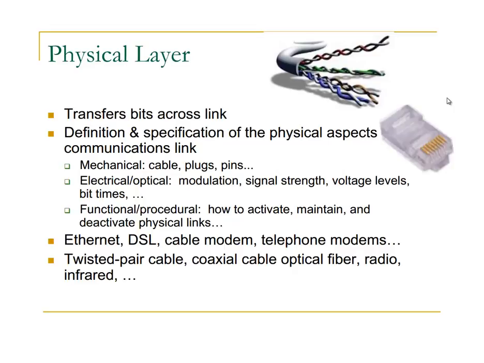So what is the physical layer? It is the actual physical medium, all this mechanical stuff, cable, plugs, pins, all that stuff. And of course, there is a modulation scheme which ensures that you can transmit signals across this. And there's various different things which you use: Ethernet, DSL, cable modem, telephone modems, etc. Each of these has a particular medium that they are supposed to operate over.